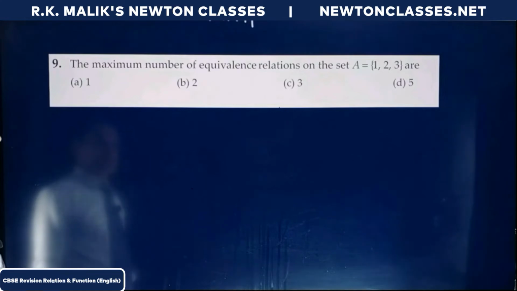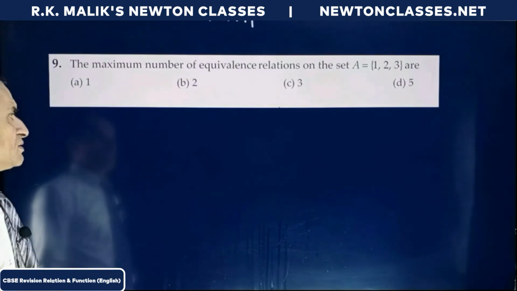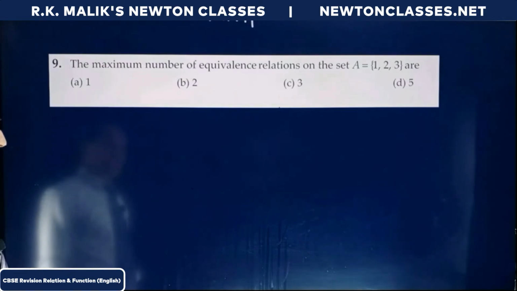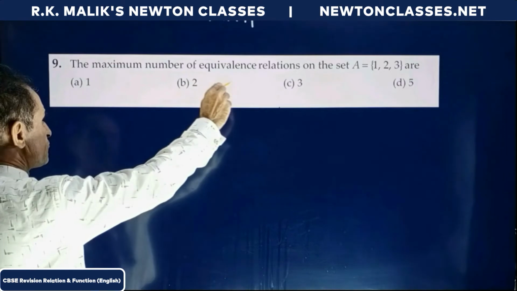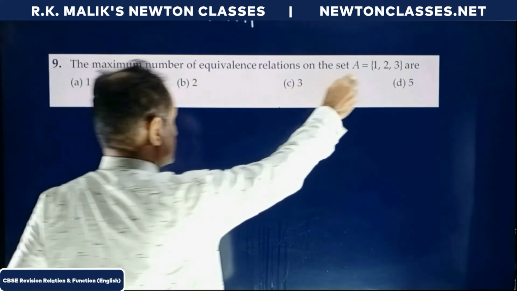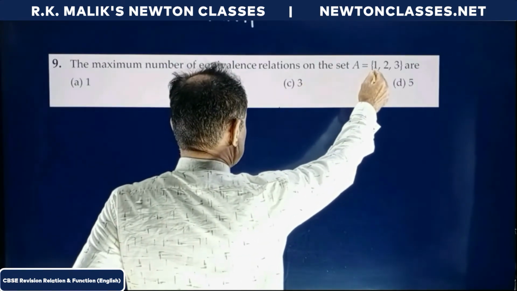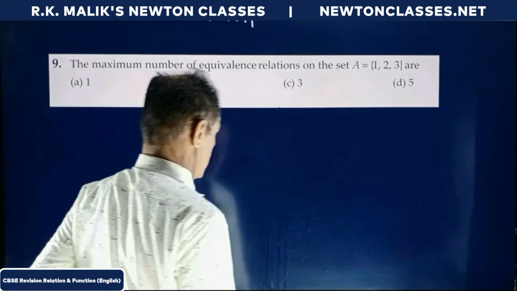This is the next question I have taken from CBSE sample papers. In this question, it is asked to find the maximum number of equivalence relations on the set containing the elements 1, 2, 3.